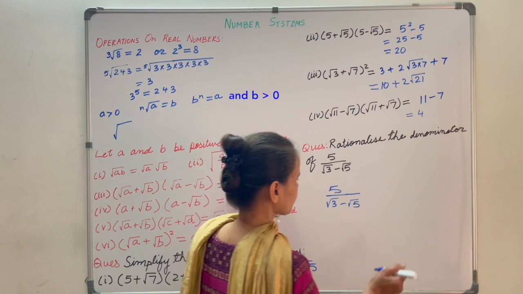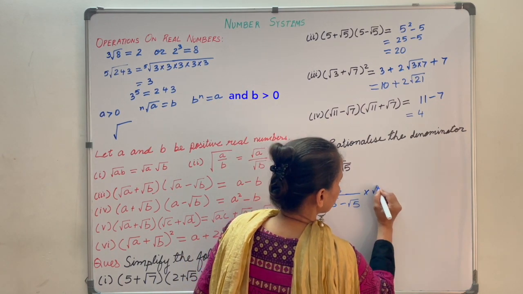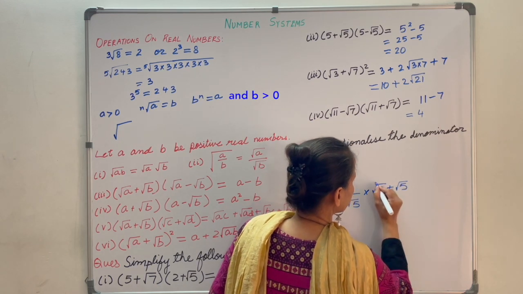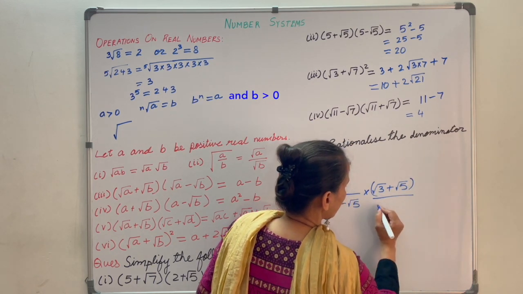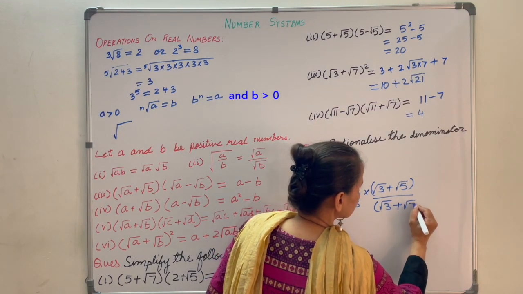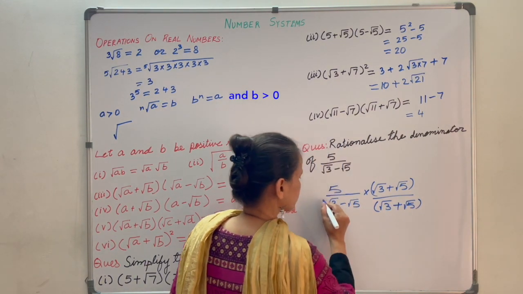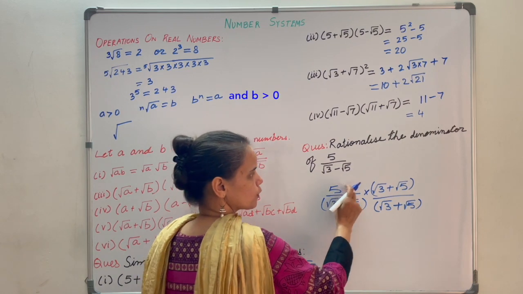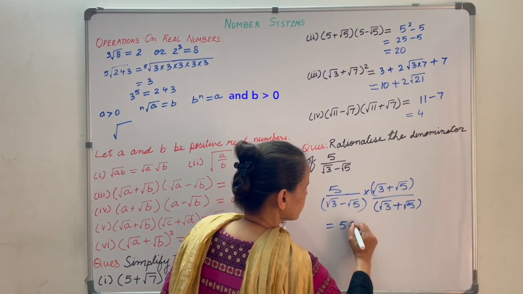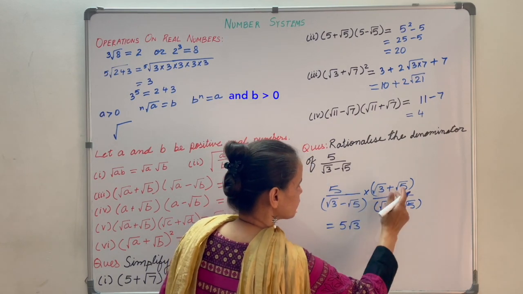So I'm going to multiply here with root 3 plus root 5, and the same number I have to multiply in the denominator as well, root 3 plus root 5. So in the numerator you have 5 into root 3 plus 5 root 5.